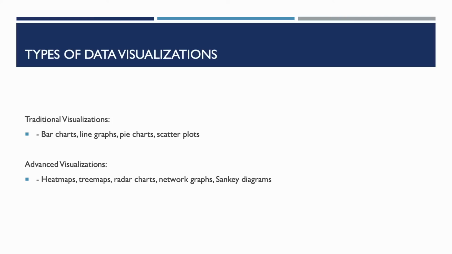Heat maps are excellent for showing the density or frequency of data points. Tree maps display hierarchical data as a set of nested rectangles. The size and color of each rectangle can be used to convey two dimensions of the data.